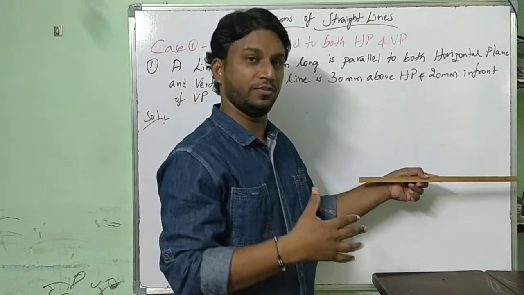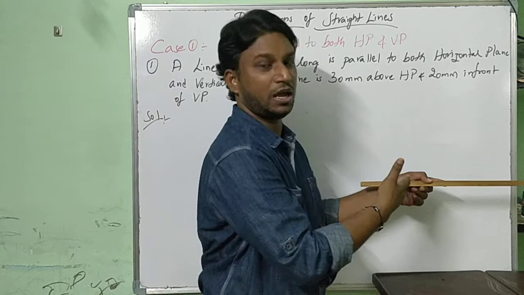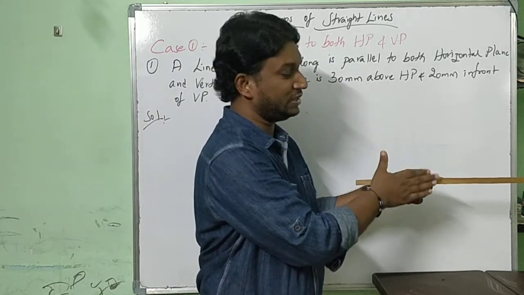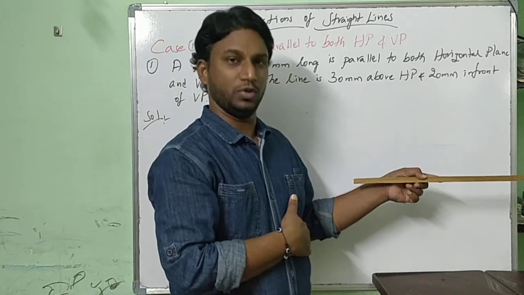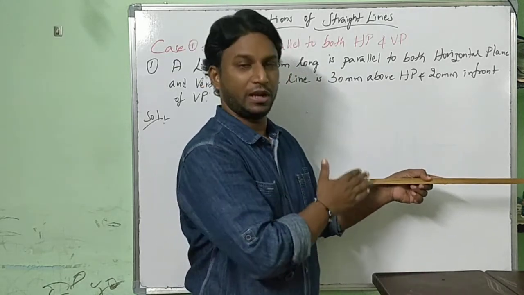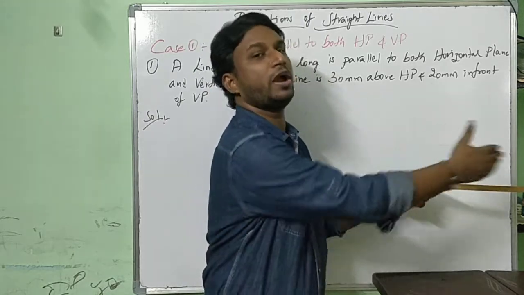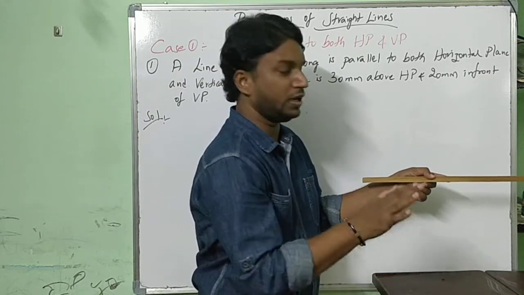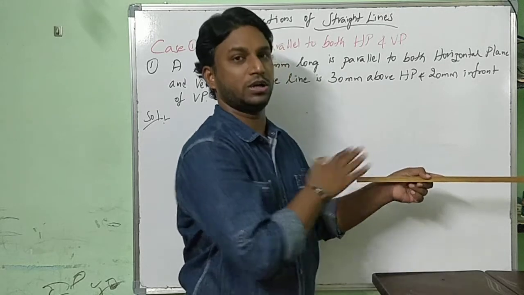Now you can confirm that as the two ends of the straight line are at the same height, this line is parallel to the horizontal plane. I hope you all understand this statement. When a line has 2 endpoints, and those 2 endpoints are at the same height from the horizontal plane, then you can conclude that the line is parallel to the horizontal plane.